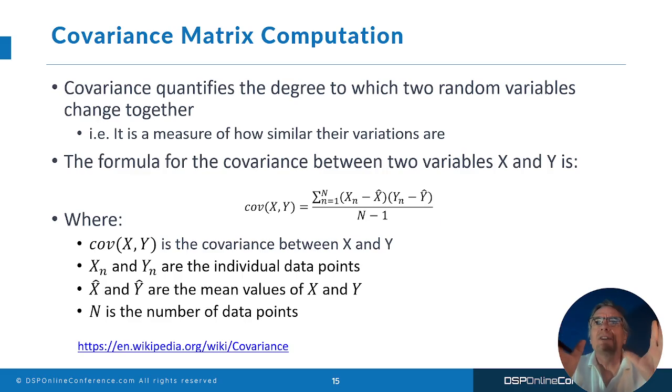The covariance quantifies the degree to which two completely separate variables change together. It tells how separate they are, if you like, how similar they are.